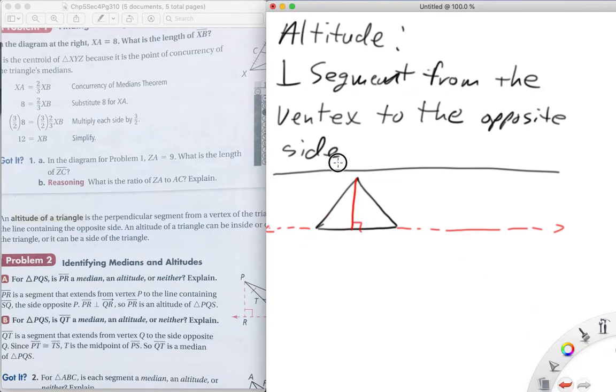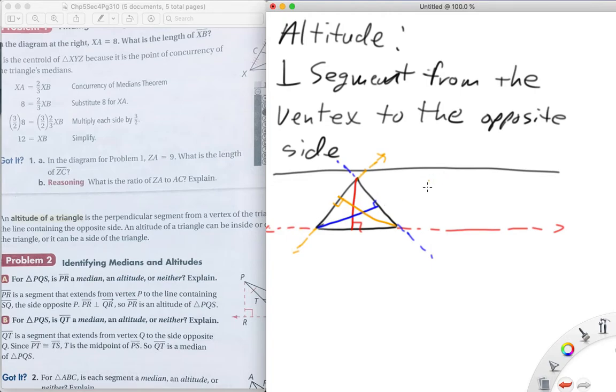It would be a line containing the opposite side, and the altitude would come from here to here, and it would be perpendicular. And then same thing over here. Not just the opposite side, but the line containing the opposite side. And this vertex would be from here to here. These guys are not matching up, but that's fine. From here to here. Okay?